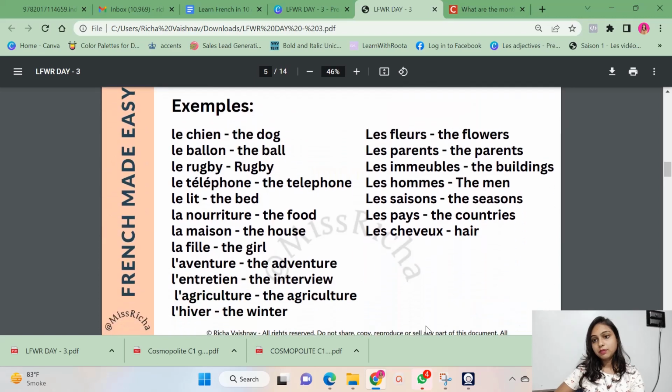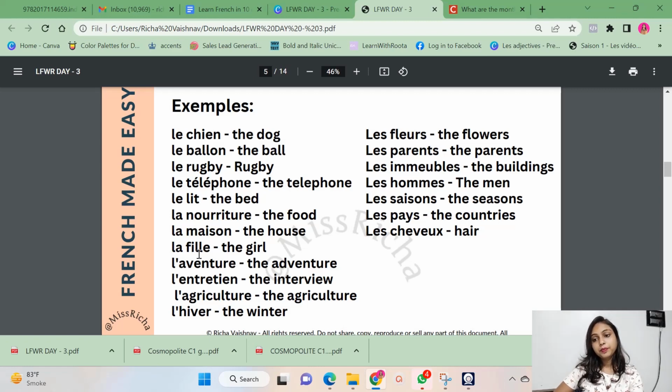You will see a few examples of the definite articles. Just repeat after me. These words we'll just quickly go through. Les chiens, le ballon, le rugby, le téléphone, le lit, la nourriture, la maison, la fille. It's not "feel", okay? It's fille, fille.